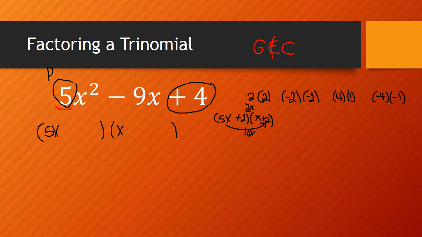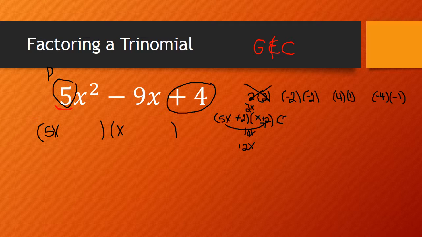If I add these two products, I'm going to end up with 2 plus 10, which is 12x, and this is not what I have here. I don't have 12x, I have negative 9x. So this combination is not going to work, and it's not going to help me switching these two numbers because they're the same.